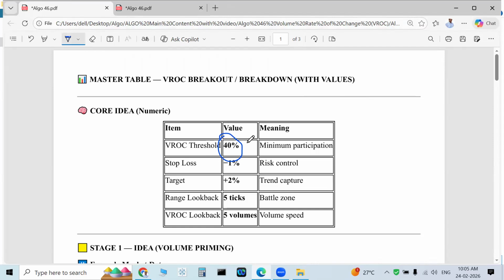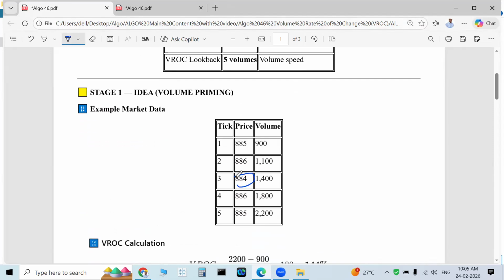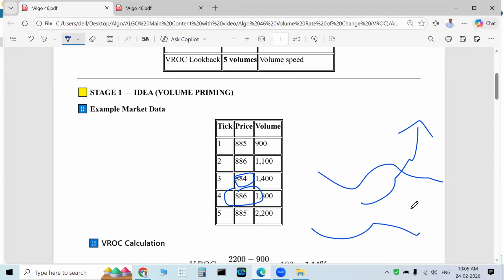And once we lock that VROC is above 40%, we are going to check the range of the market. So here the lowest range and the highest range are marked. If the price goes above the highest range, we are going to take a long position. If the price goes below the price range, we are going to take a short trade.